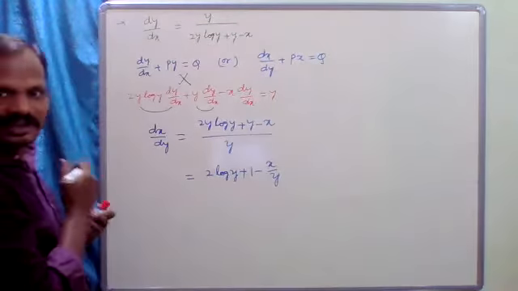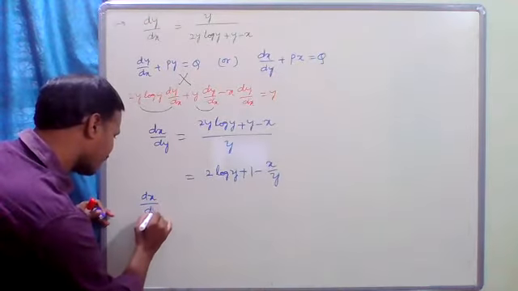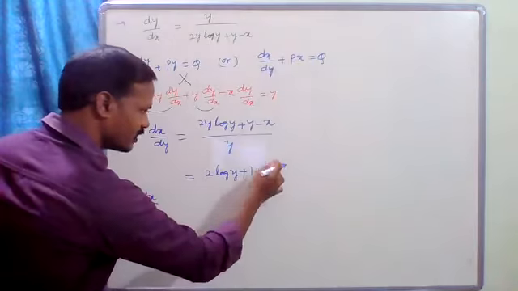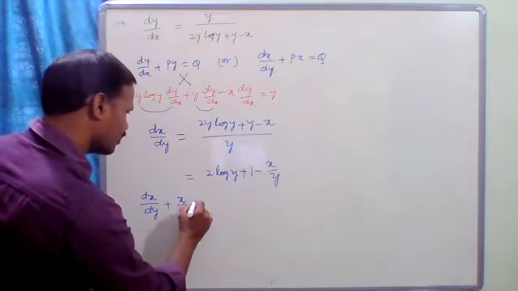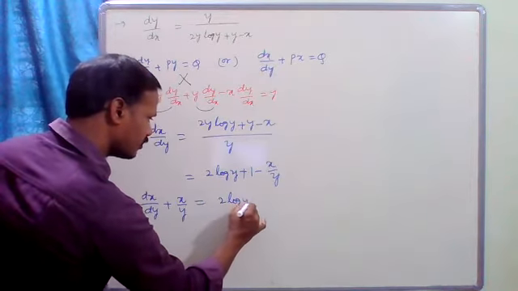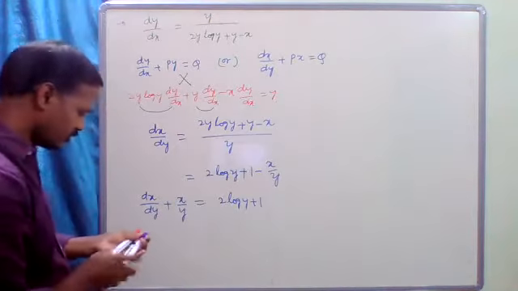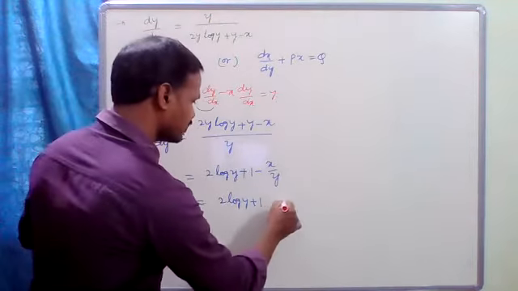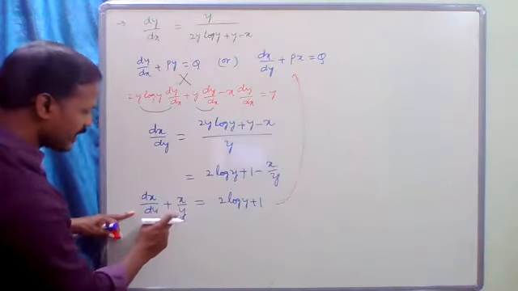Remaining terms take to the left side. So then what will happen? dx by dy plus x by y equals 2 log y plus 1. Clear? Now observe, this is the form dx by dy plus Px.